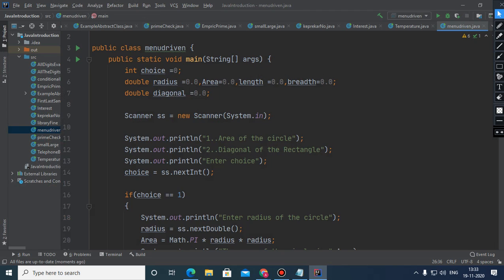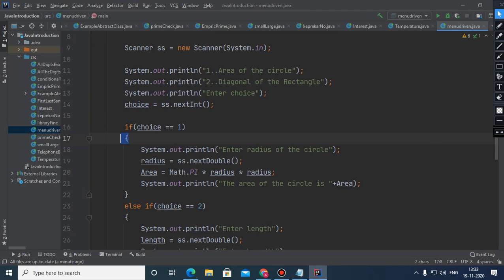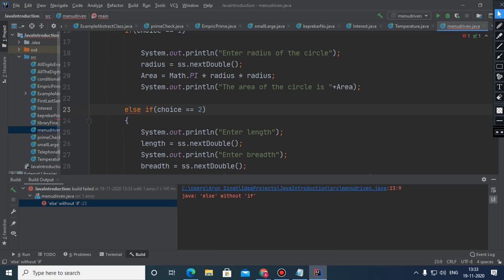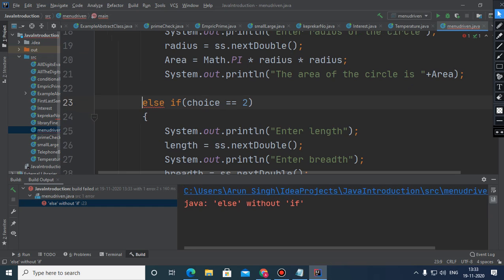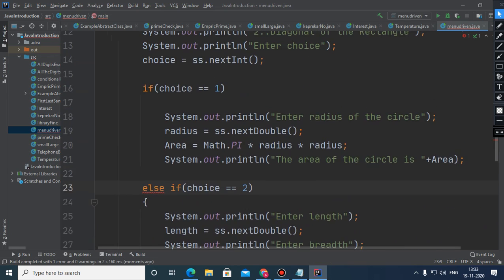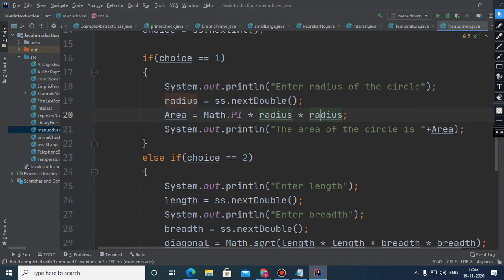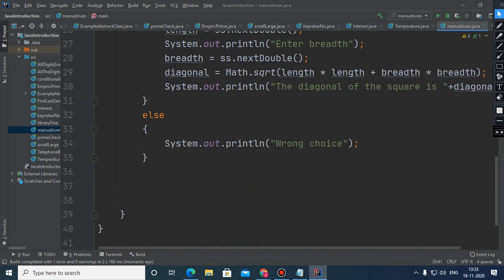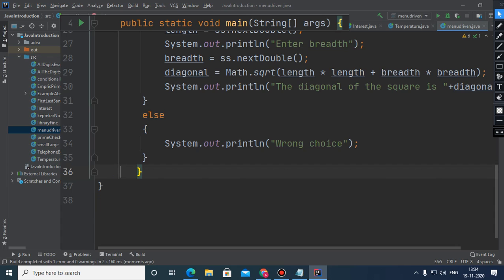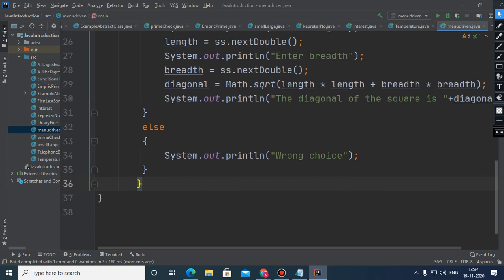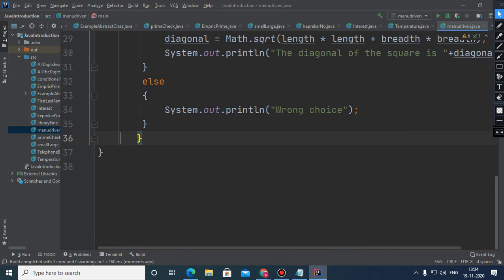If I remove these braces here, the same type of error will come, which you are telling me. That is else without if. You can see that. So it simply means that proper braces must be there. Got it? Anything else? Please ask, children. It is the time to ask.